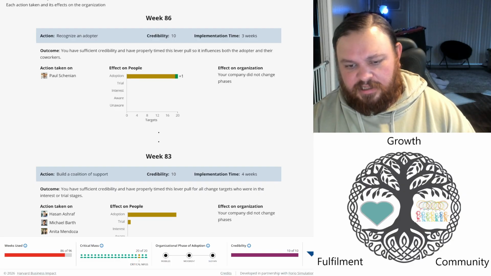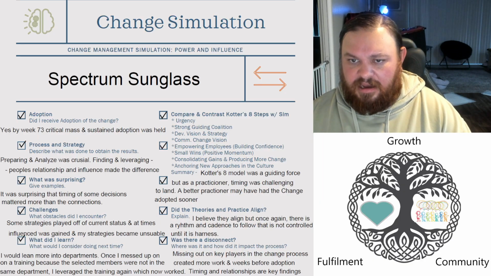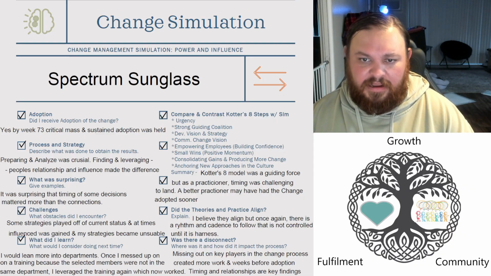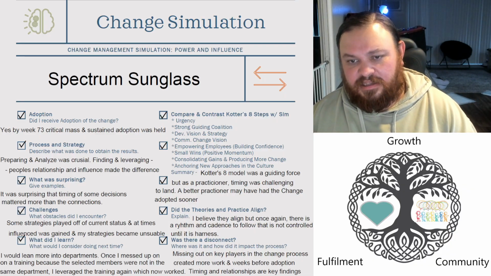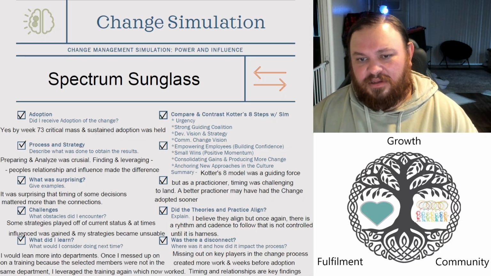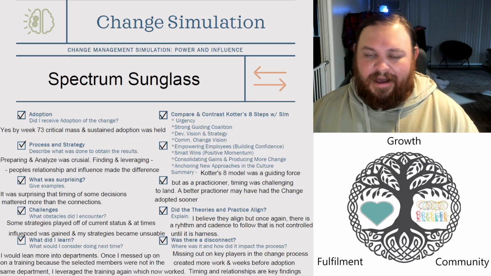So I do have some notes that I took. I did reach critical mass at 73 weeks, and adoption was held. What I utilized was preparing and analyzing before even going into the simulation, reading about who's who and what's what, what the strategies are, who they work on or work with, and how to make selections.